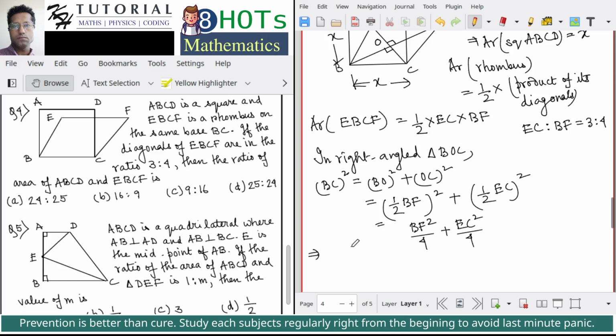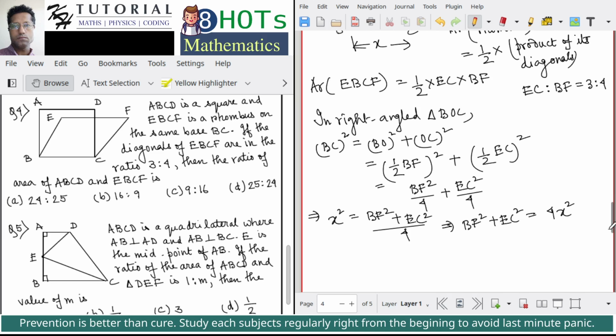So what is BC? BC is x, so x square is equal to BF square plus EC square by 4. This implies BF square plus EC square is equal to 4x square. We got this relation between x and the two diagonals. We also know the ratio of the two diagonals. From the given ratio, EC is to BF is 3:4, using the concept of ratio and proportion, let EC be equal to 3t and BF be equal to 4t.